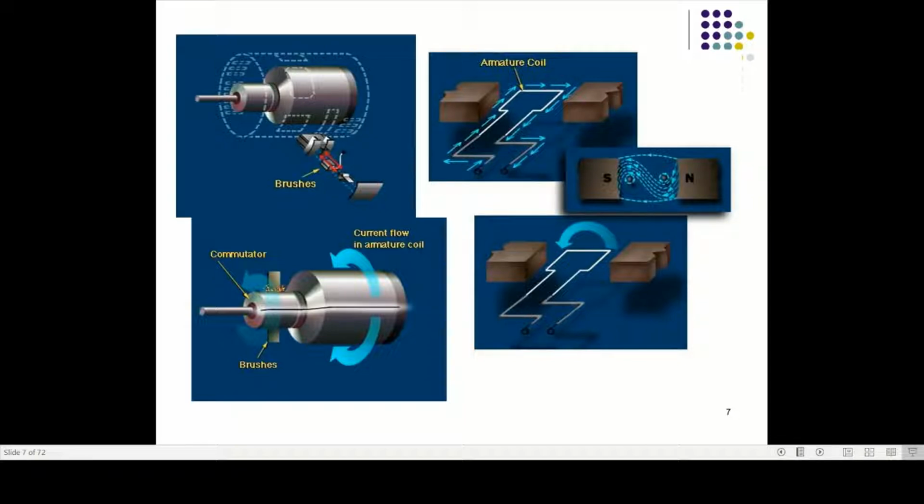And when the armature of a motor is rotating, the conductors are also cutting the magnetic flux lines, and hence, according to Faraday's law of electromagnetic induction, an EMF is induced in the armature conductor here. And then the direction of this induced EMF is such that it opposes the armature current. Armature current will flow here, and then we have a flux from north to south.